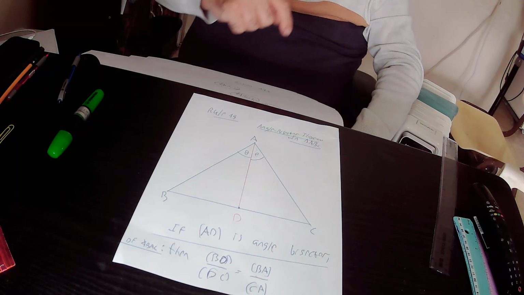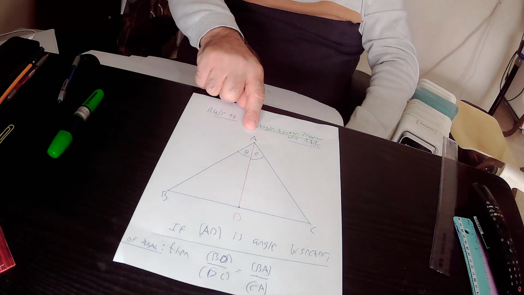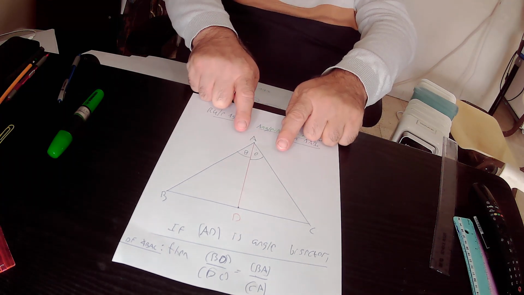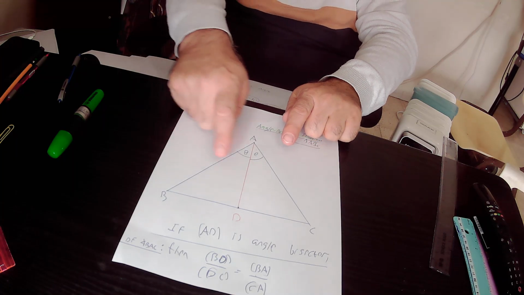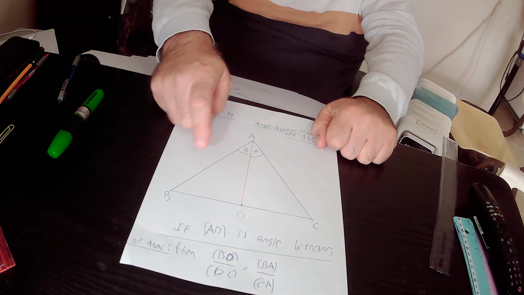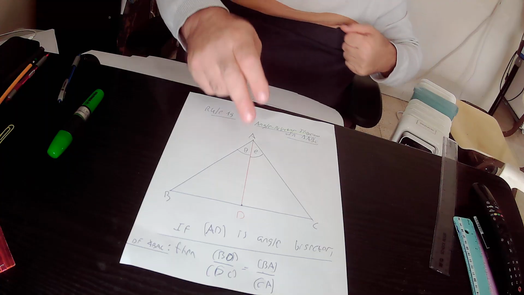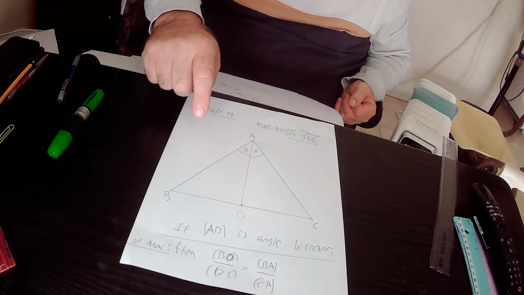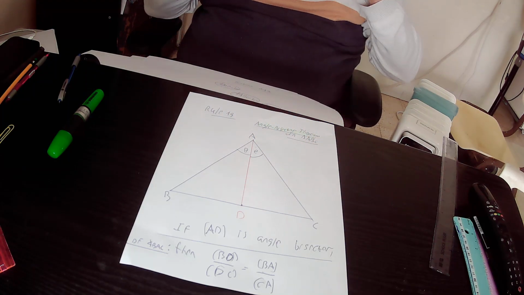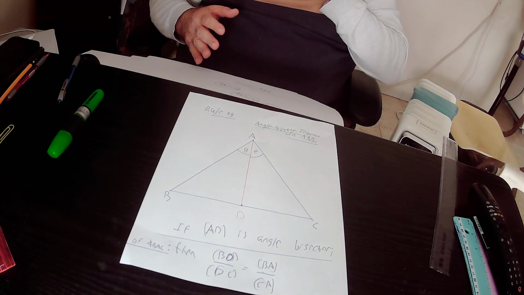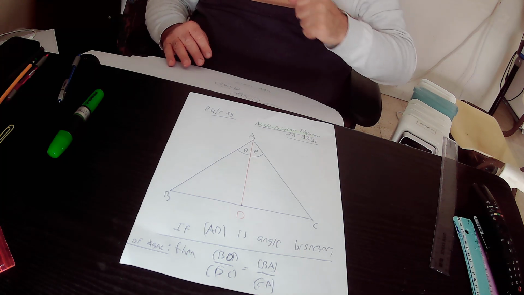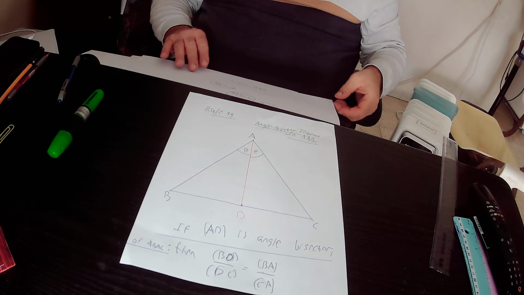If we know that AD is the angle bisector of angle BAC, then the following relationship exists between the sides of this triangle ABC: BD over DC equals AB over AC. So this is the first direction of the angle bisector theorem.